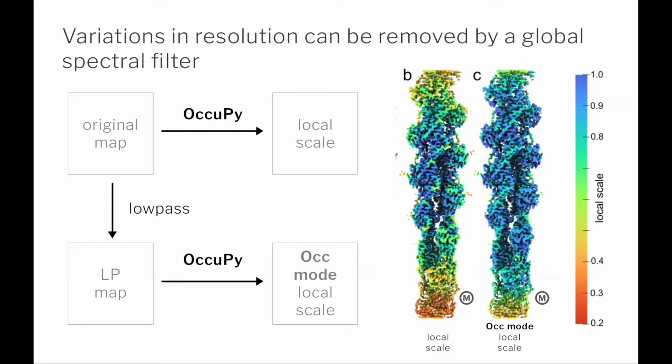If you are interested specifically in compositional heterogeneity and you want it to be as close as possible to the true definition of occupancy, then it is a good idea to play a bit with using different low-pass filters when you use this occupancy mode local scale.